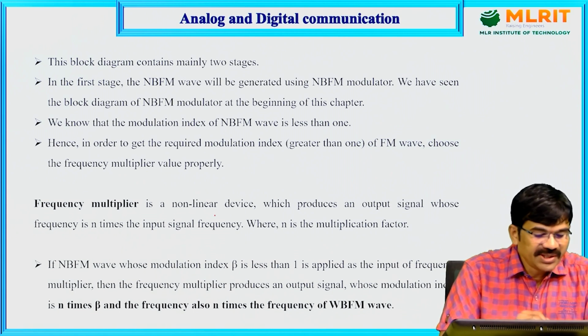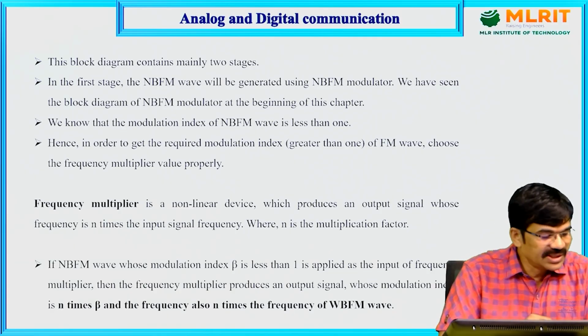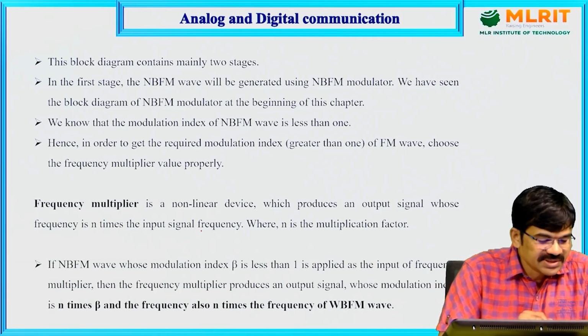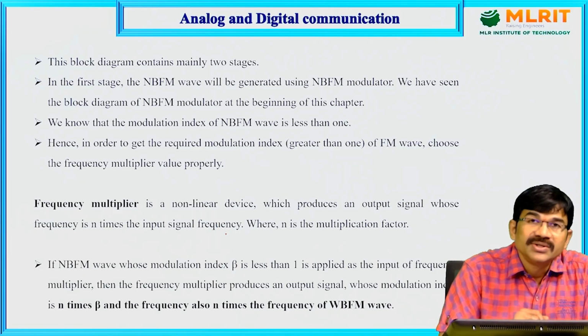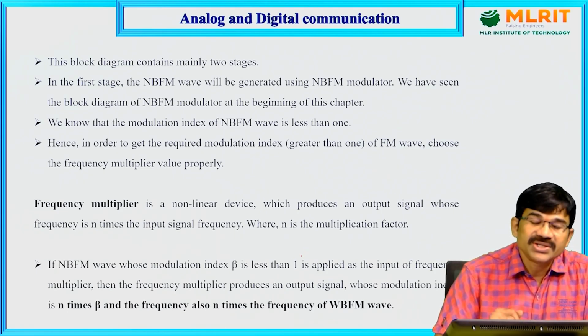The frequency multiplier is a non-linear device which produces an output signal whose frequency is n times the input signal frequency, where n is the multiplication factor.